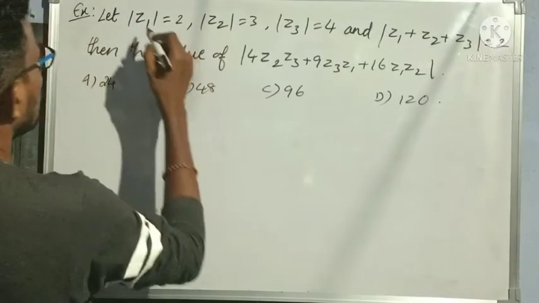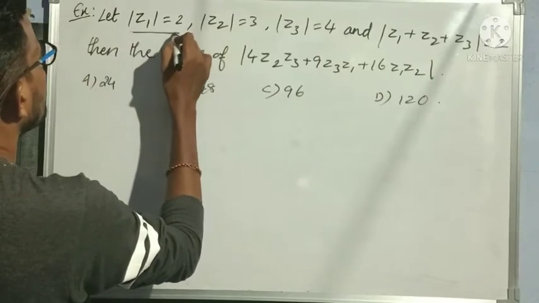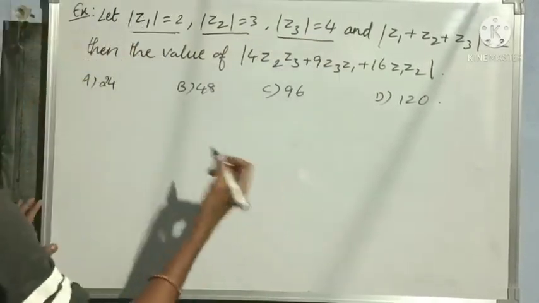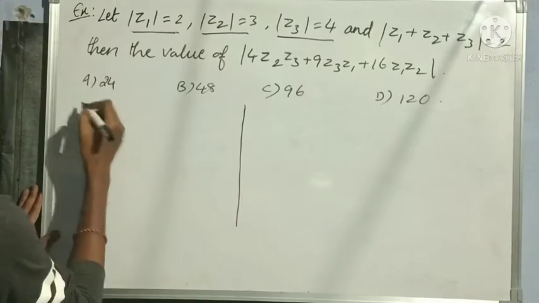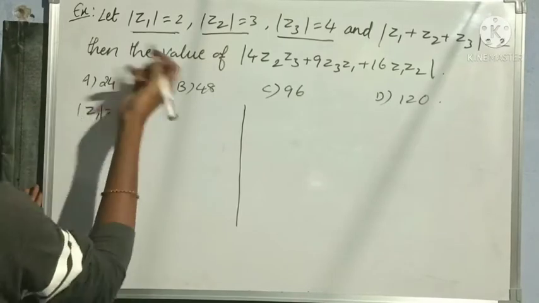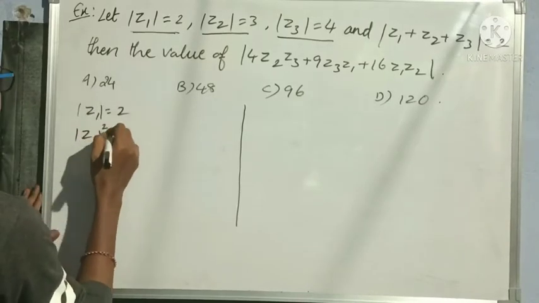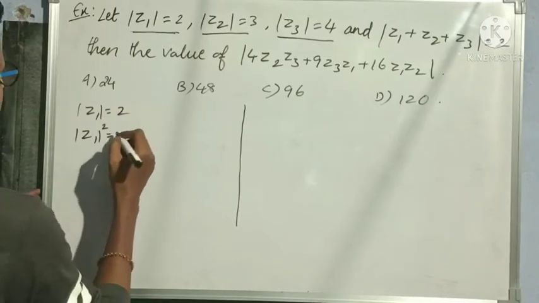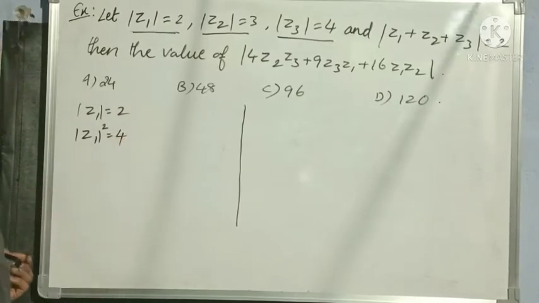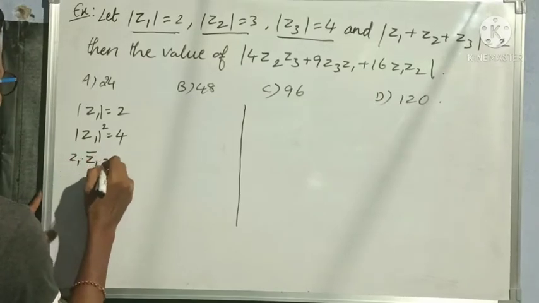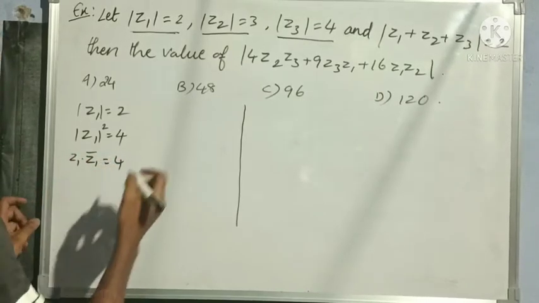First let us use the given information. Modulus of z1 is equal to 2, modulus of z2 is equal to 3, and modulus of z3 is equal to 4. From modulus of z1 equal to 2 I can't get anything directly, but if I take modulus of z1 squared, I get 4. So I can write z1 into z1 bar is equal to 4.